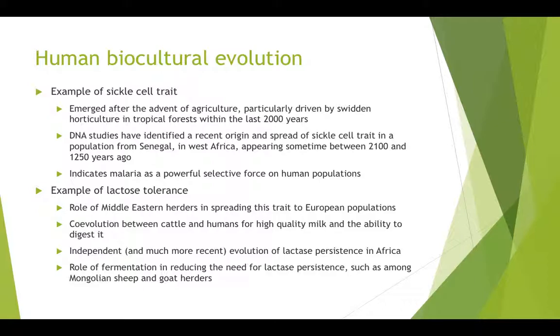This is not something that only occurred as herders moved from the Middle East into Europe, but we see the independent and much more recent evolution of lactase persistence in Africa. Interestingly, herding is something that we find across much of the Eurasian steppes into areas like Inner Mongolia.